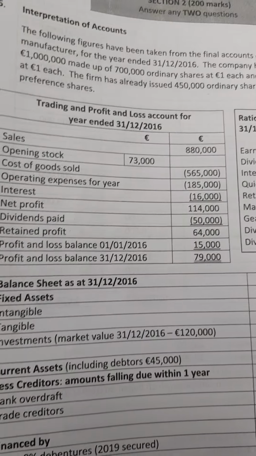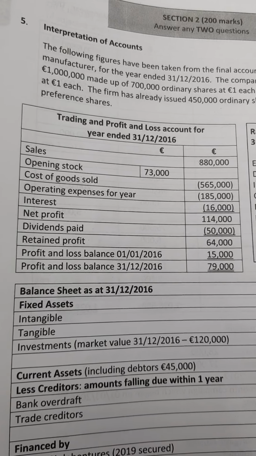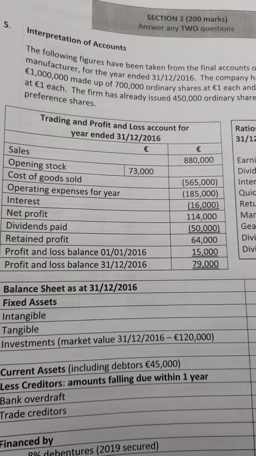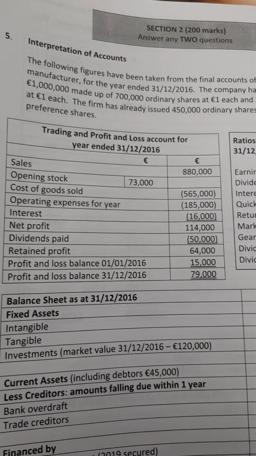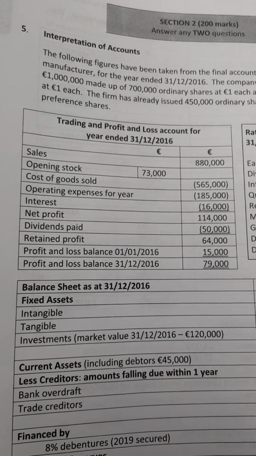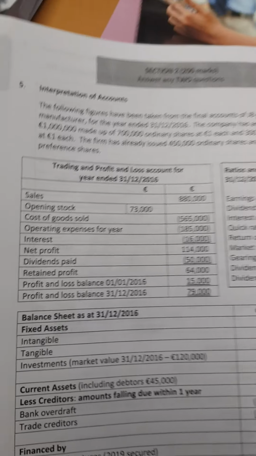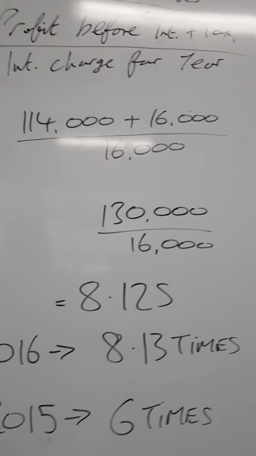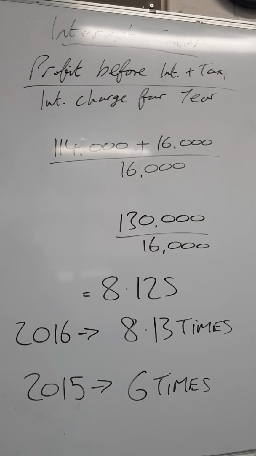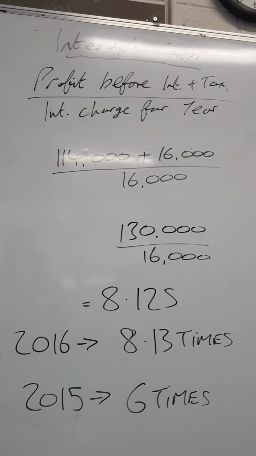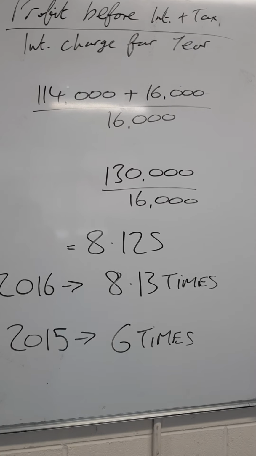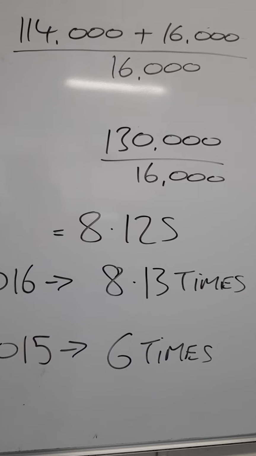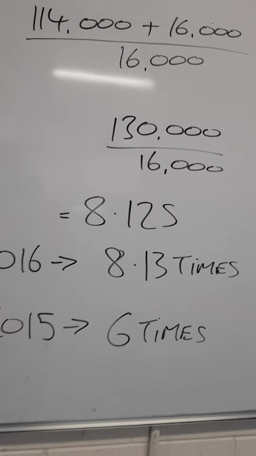You can see there your net profit was €114,000, and the line above it, your interest of 16. So you take your net profit, after interest and tax, and add the interest back to find what it was beforehand. So 114,000 plus 16,000 gives you 130,000, divided by the interest of 16,000, which comes out on the calculator as 8.125.